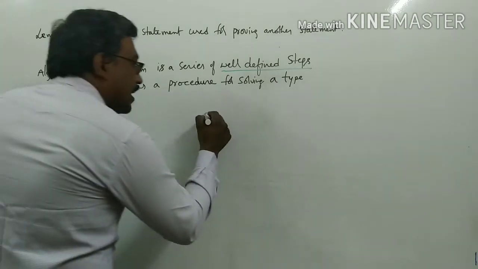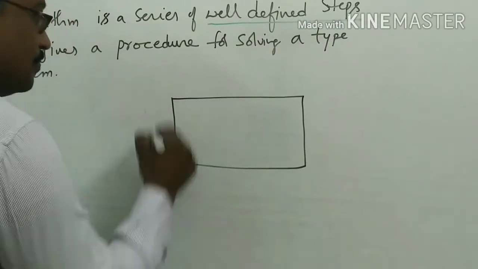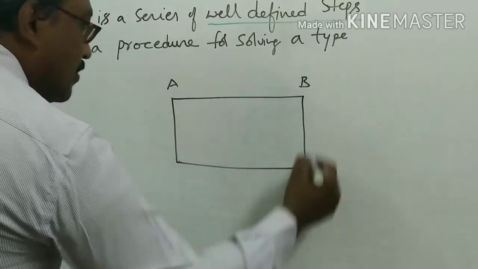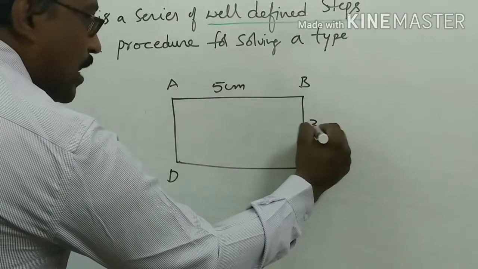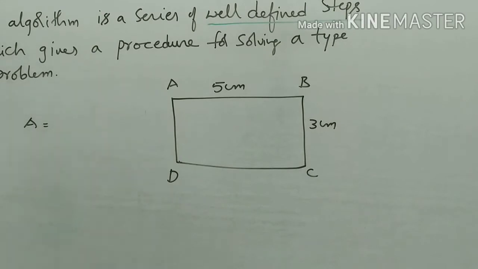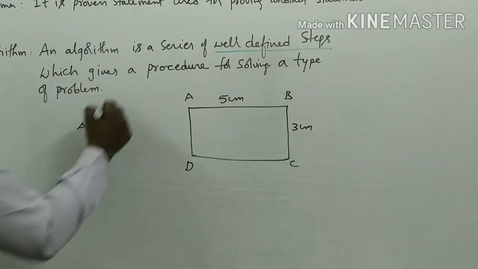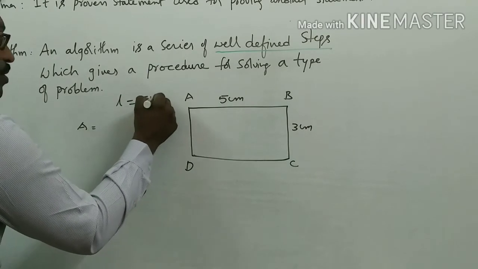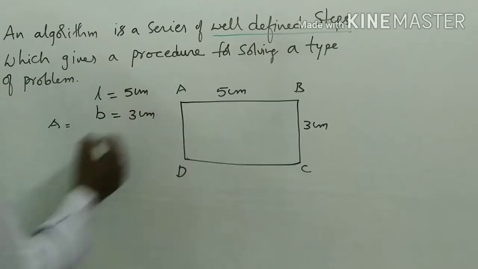Suppose a rectangle ABCD is given, of length 5 centimeters and breadth 3 centimeters. What is its area? How to find it out? There is an algorithm for this. First step, given length is equal to 5 centimeters, breadth is equal to 3 centimeters.